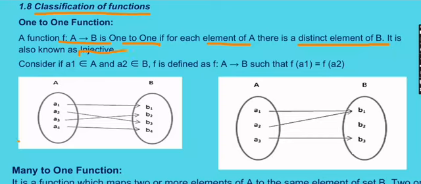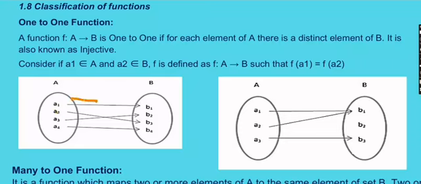This is the diagram that represents a one-to-one relationship. A is going to produce the output for B. See now, how many elements are present? A1, A2, A3 and A4. And in B, how many elements are present? B1, B2, B3 and B4. A1 is going to produce the output B1. See the arrow mark?